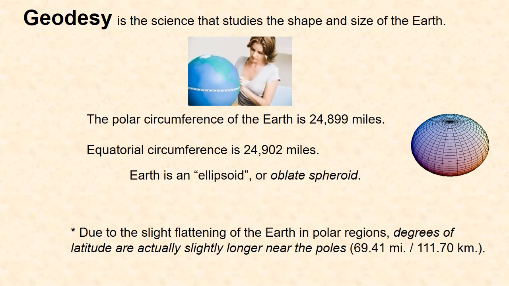Size and shape of the Earth. There's an entire subfield of geography and cartography and engineering called geodesy, which just looks at one thing, and that's the shape of the Earth. Now, you might think that's a pretty easy science because you just say, well, it's round, right?